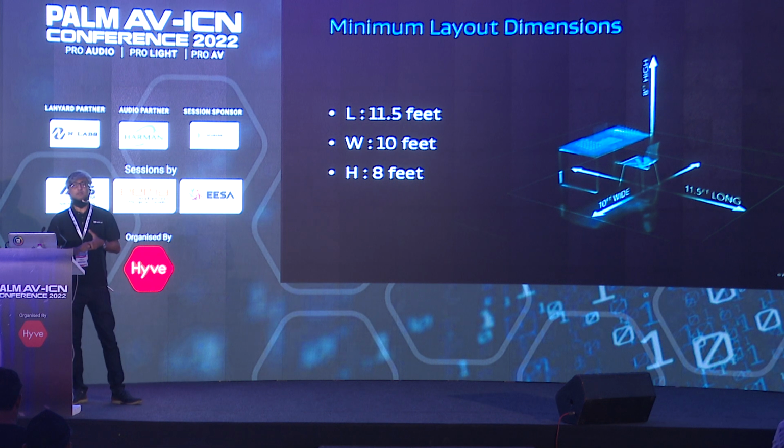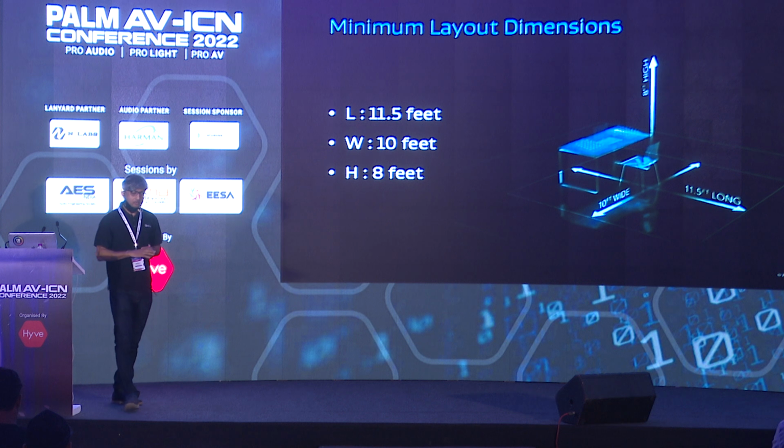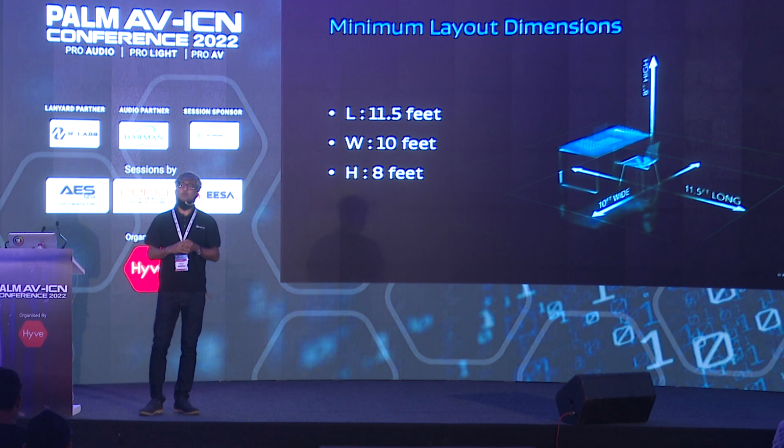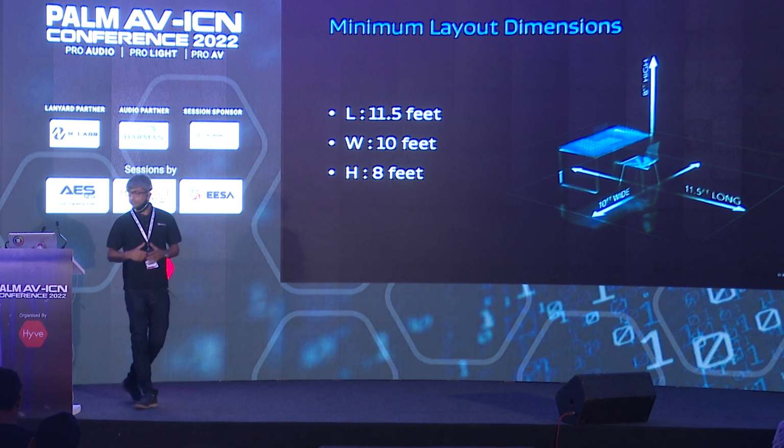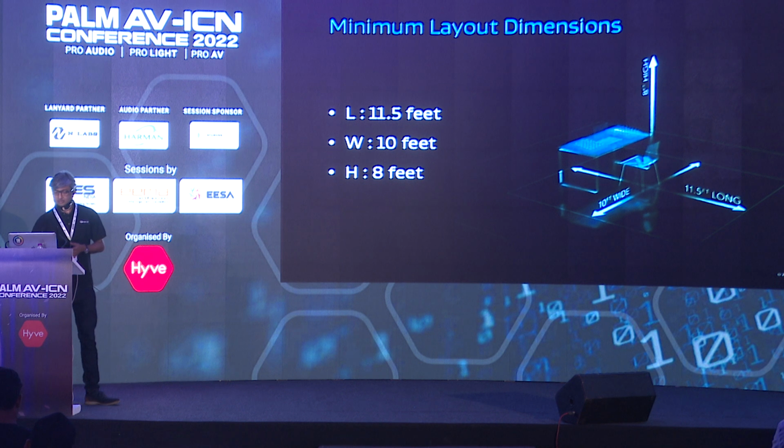You'll need bigger monitors to be able to achieve the necessary sound pressure level or volume at the mix position, and then it all starts looking a little messy, plus your budgets will also go up.